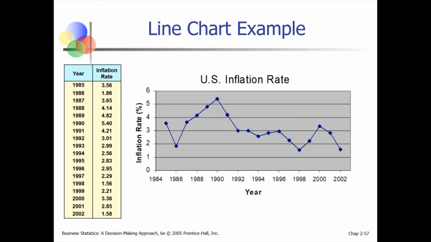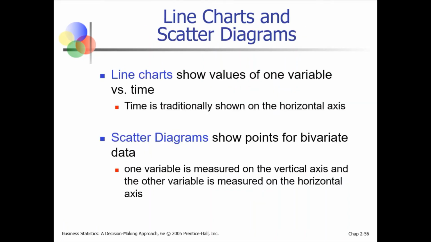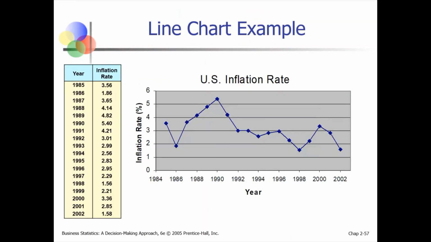Here is an example of a line chart. According to the definition, a line chart is a variable versus time. So as time goes by, what is the behavior of your data? Usually it involves changes in terms of time and also other things, like moving or increasing.